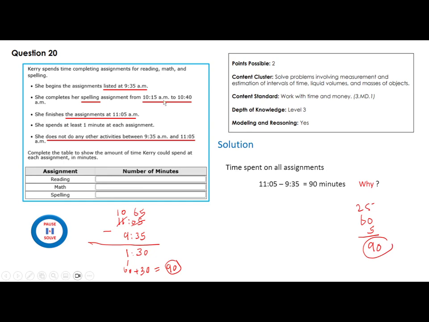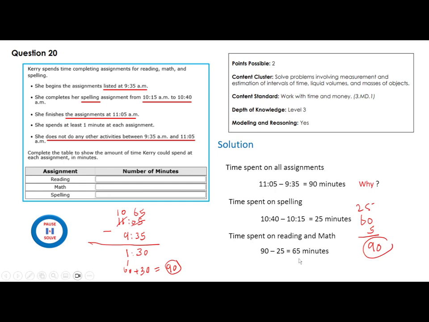How much time did she spend on spelling? 25 minutes. This is easy to see because 40 minus 15 is 25. Therefore, for reading and math together, she used 65 minutes. Now it's your choice to divide this 65, like 5 and 60, or 20 and 45.